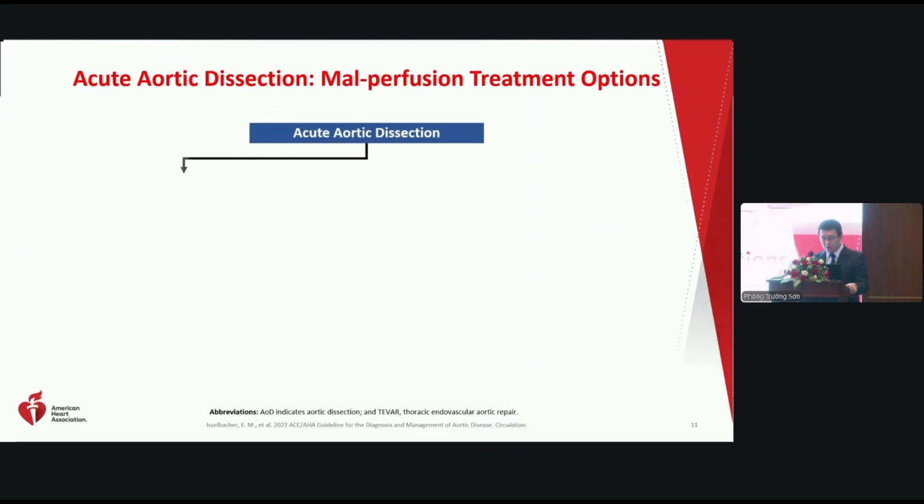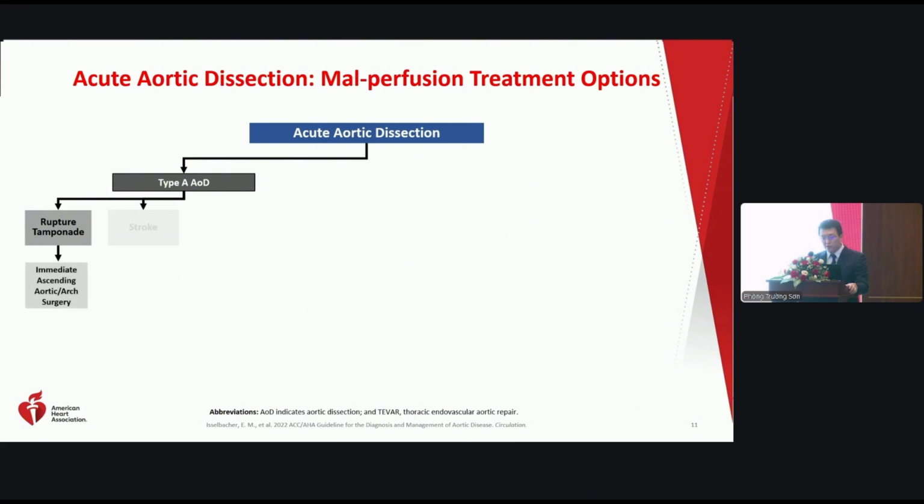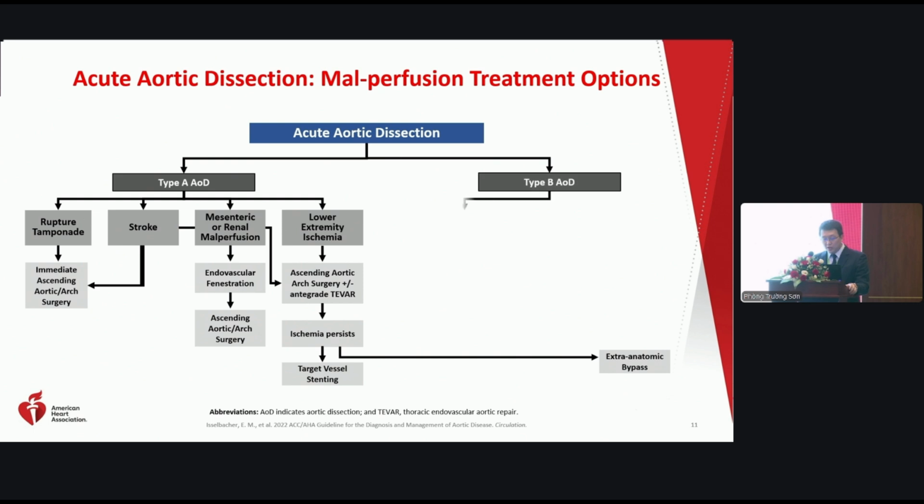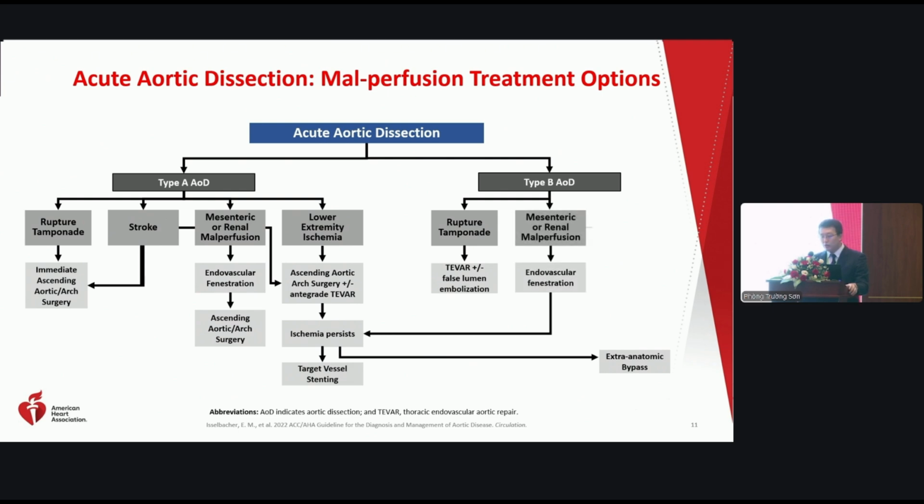The American Heart Association says the same: with type A or type B and mesenteric or renal malperfusion, the first treatment may be endovascular fenestration to restore blood flow to the SMA or renal arteries. After that, we keep the patient stable and transfer to open repair.